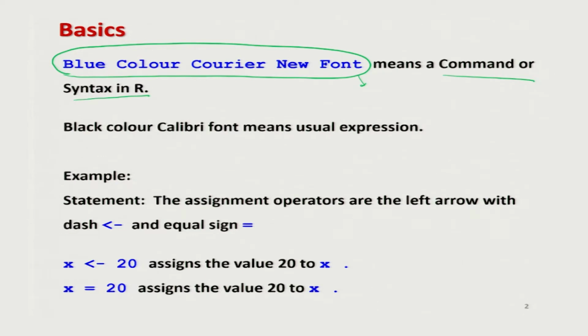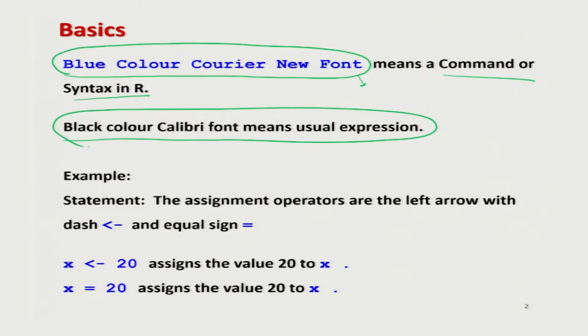And when we see something written in black color Calibri font, the same black color Calibri font which I have circled here, this means it is the usual expression, just to explain to you, and need not be executed inside the R software.